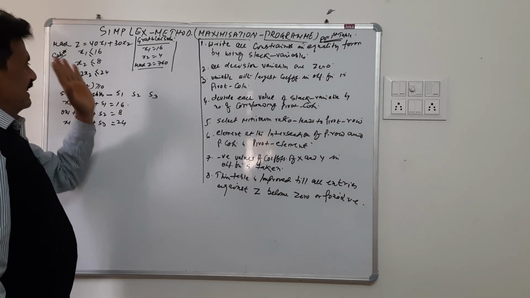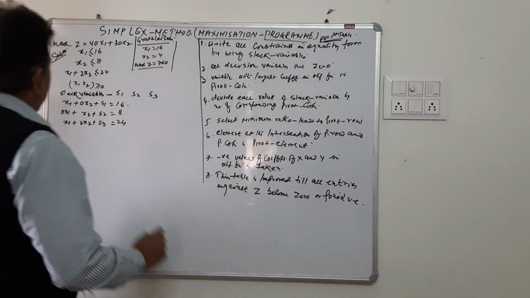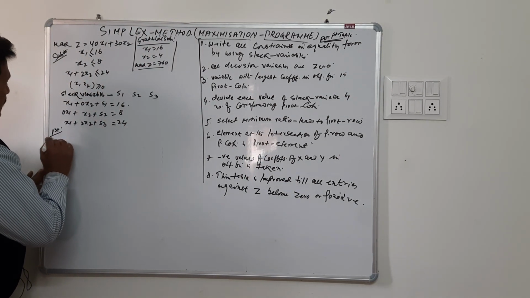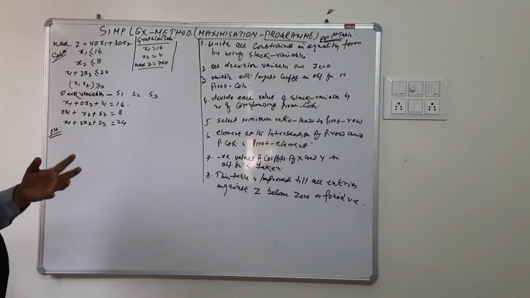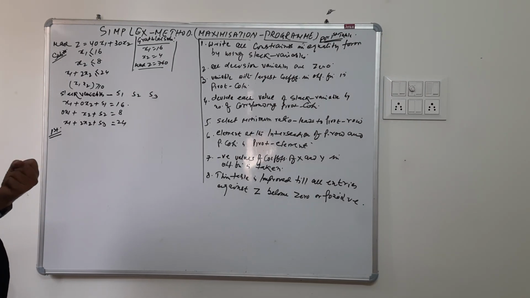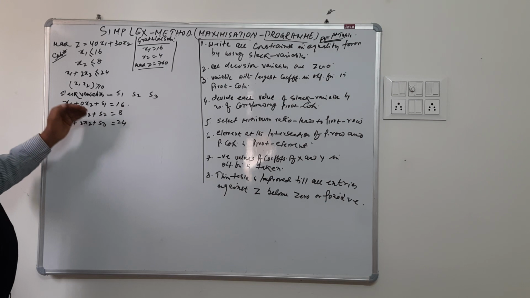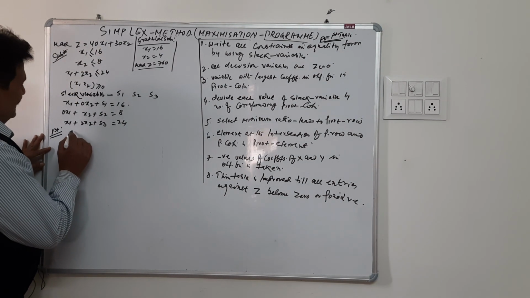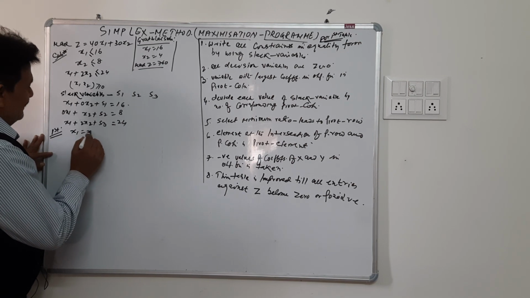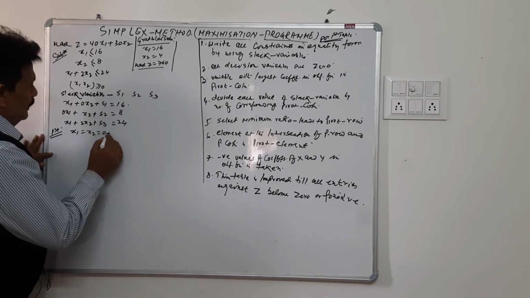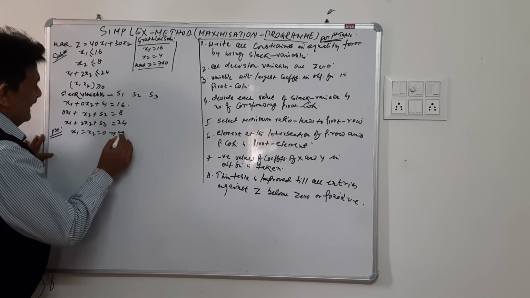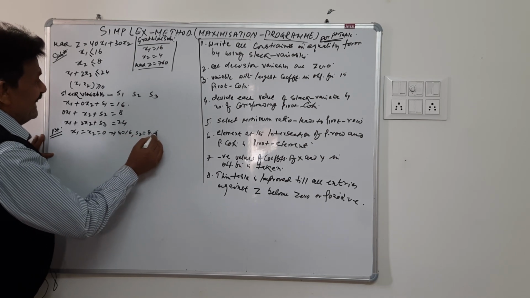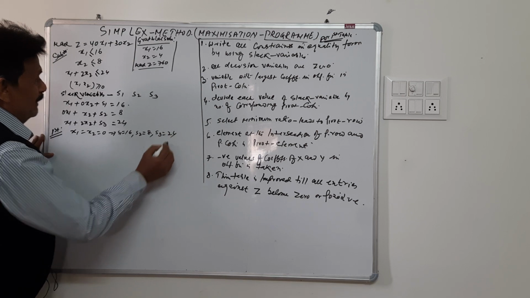When this work was done, we start with making the first table. In the first table, we start from the worst decision that I have spoken of right now. So we take x1 and x2 as 0. So decision variables are taken as 0. This means that S1 is 16, S2 is 8, and S3 is 24.